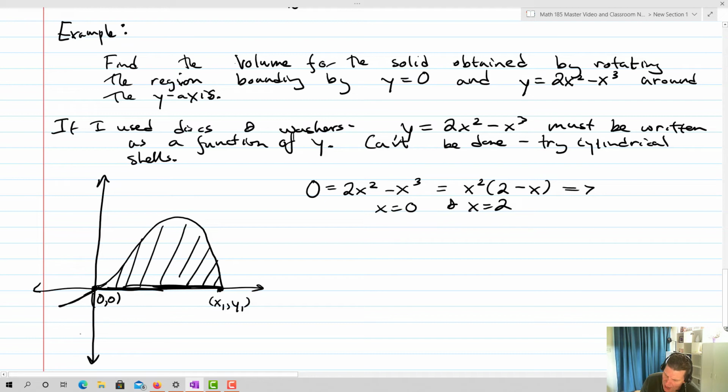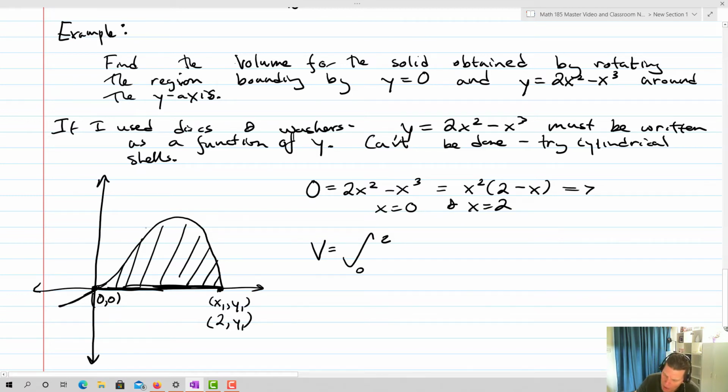So my integral, when I find my volume, is going to equal the integral from 0 to 2, because since we're rotating and using cylinders, we're going to utilize our x values when we rotate around the y-axis. So we go from 0 to 2. Y1 doesn't really matter at the moment.